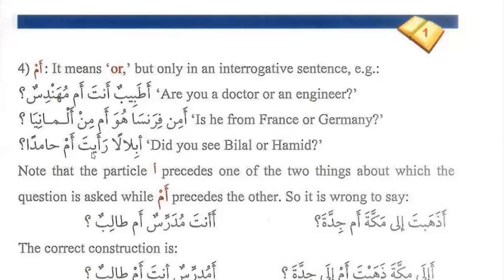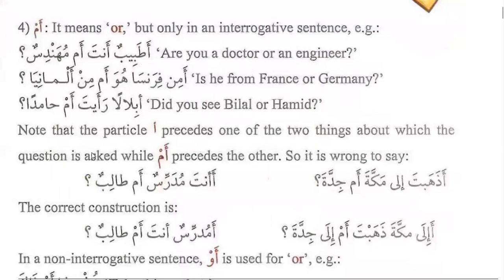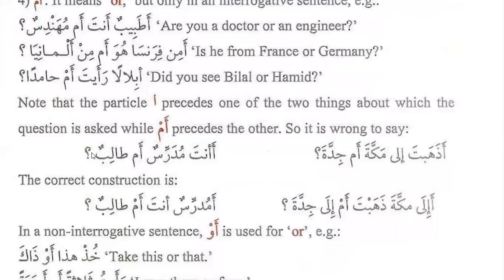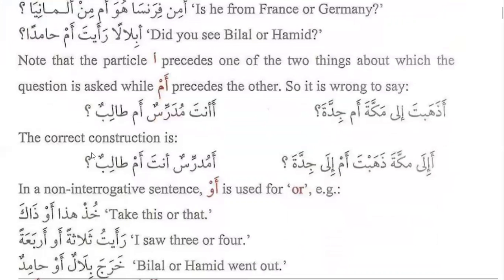Note that the particle hamza precedes one of the two things about which the question is asked, while am precedes the other. So it is wrong to say: a mudarisun am tabibun dhahaba illa Makkata am Jiddata.